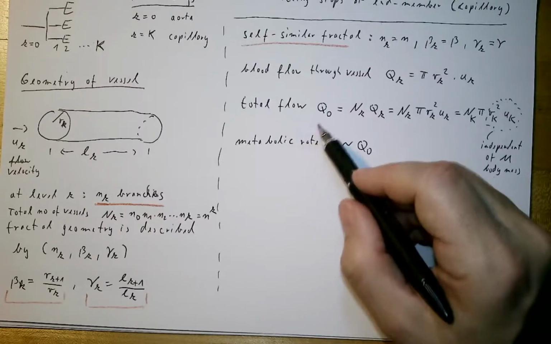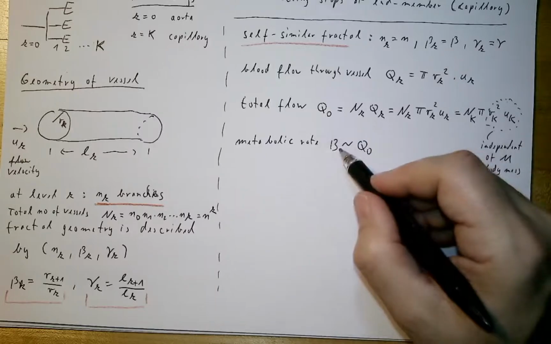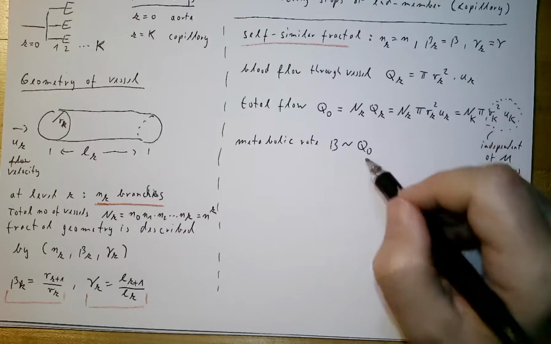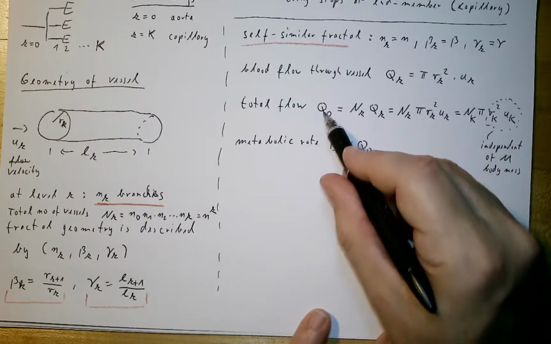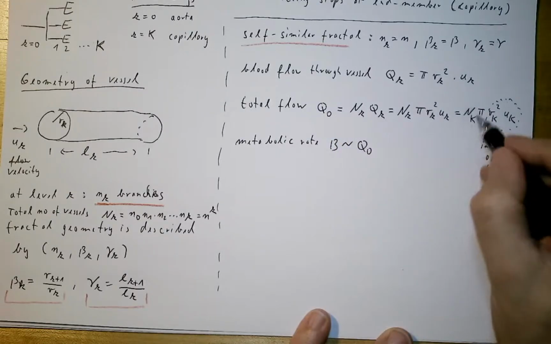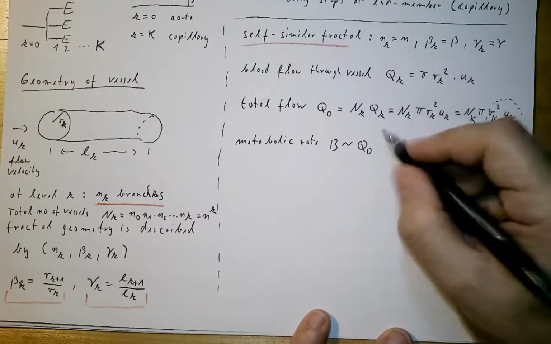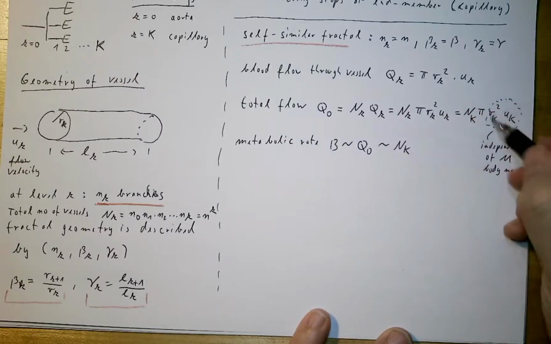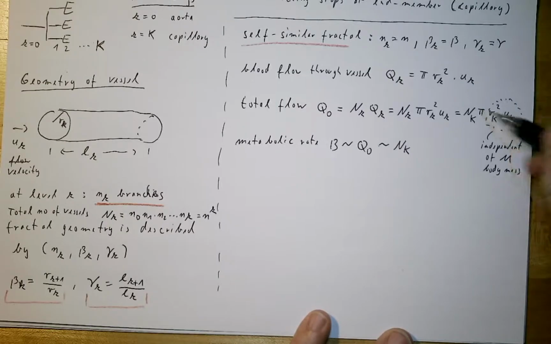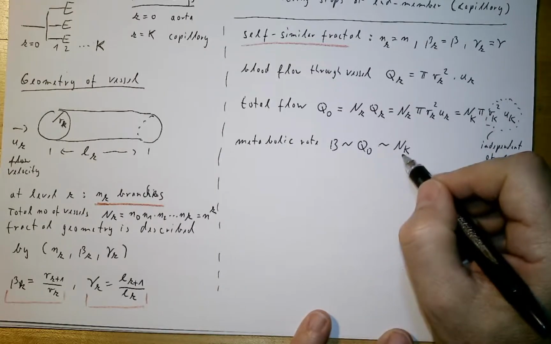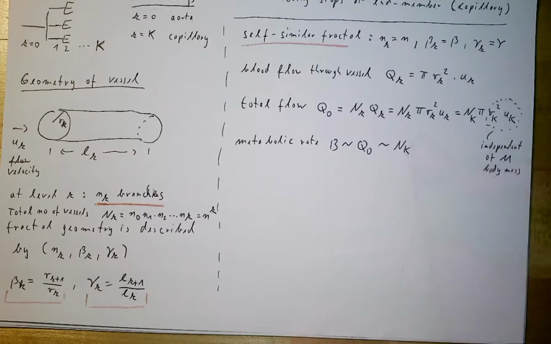So it needs to be supplied by the blood flow, and so the metabolic rate should be proportional to the total blood flow. Now we see here this Q0 is proportional to nk, because the rest are just constants which are the same for mammals of all sizes. So the metabolic rate is proportional to the total number of capillaries.